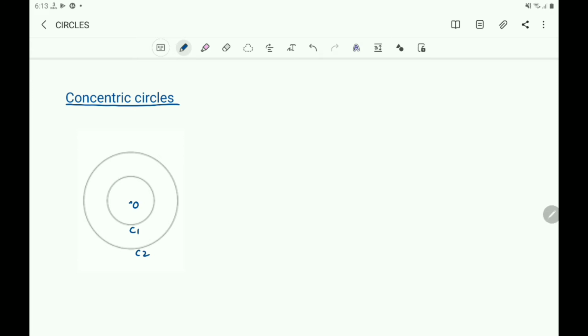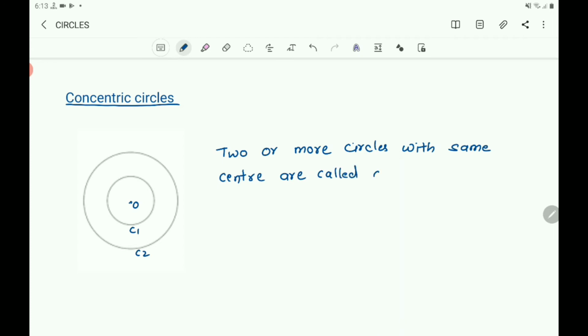Then you write: what are concentric circles? Two or more circles with the same center are called concentric circles.